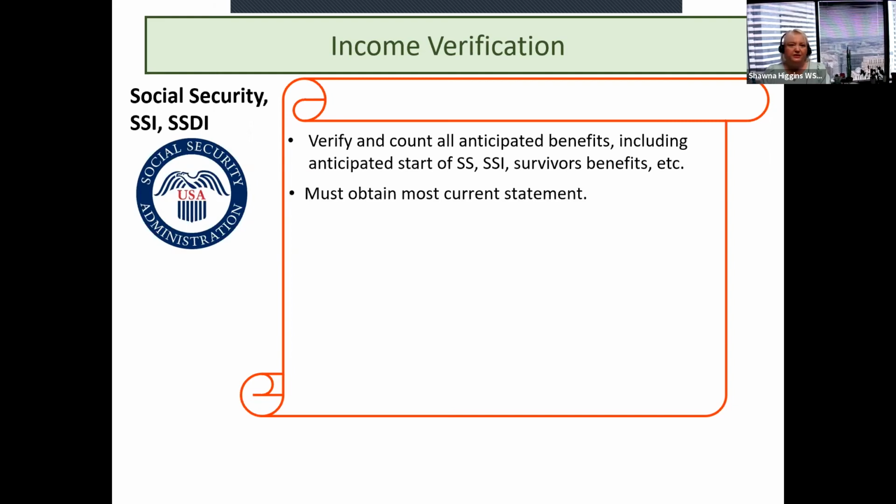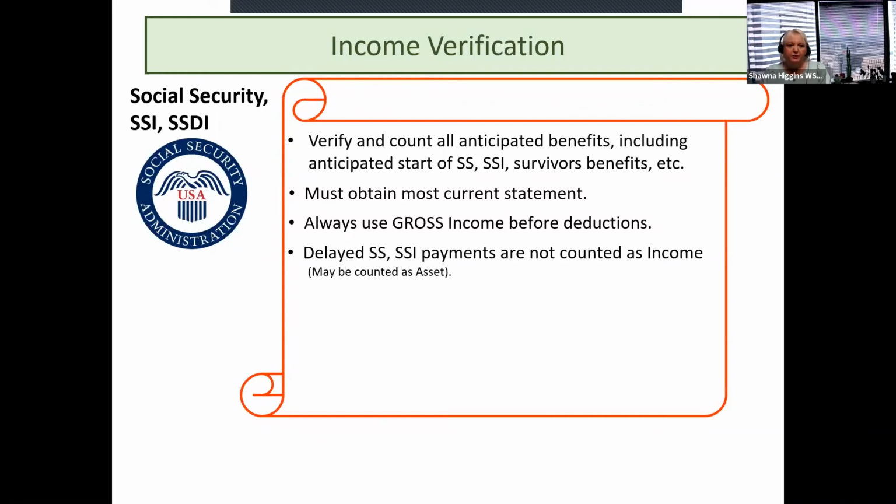We'll go into that here in just a few minutes. You must obtain the most current statement and always use the gross amount or gross income before any deductions. So it's the top number, the amount that they're going to receive. Whatever they pay and anything else, that's not going to be taken out of this number. You're going to use the gross.